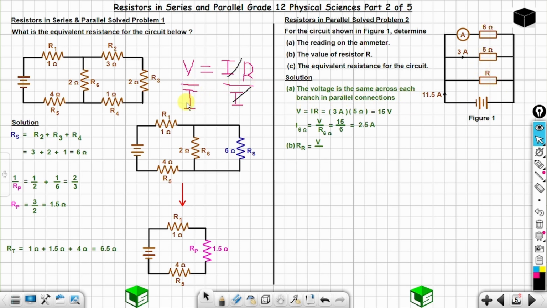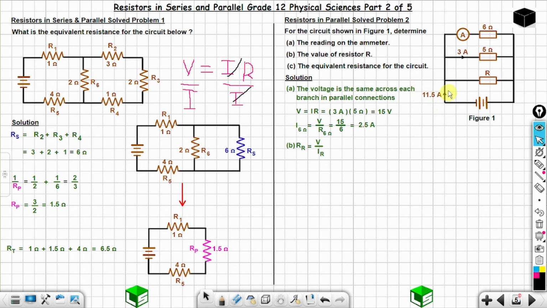You need the current through this resistor. We don't have the value of the current through resistor R. We only have it on this branch, and we calculated for this branch. You also have the total current.